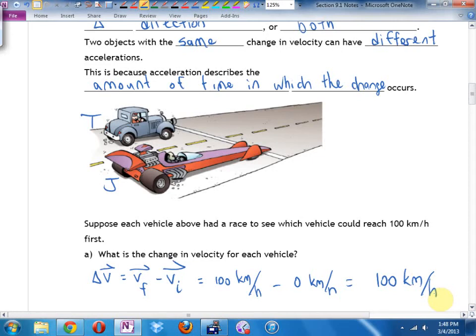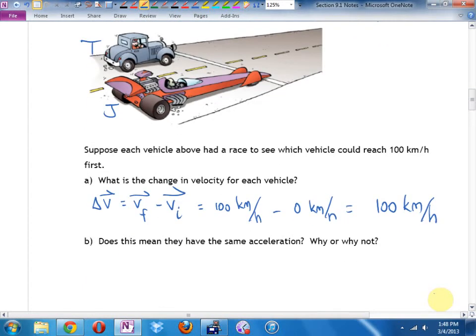Now, if we want to get this in meters per second, we'll do our conversion later. But for now, do you agree with me? You both undergo the same delta V, the same change in velocity. Does this mean they have the same acceleration? Why?